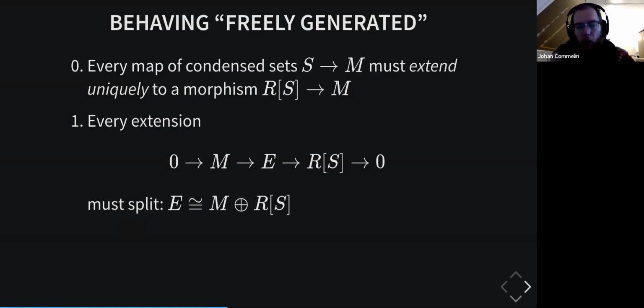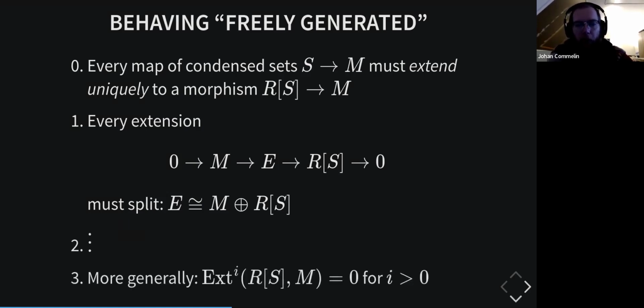then, well, if you map onto a freely generated object, then you want to have a splitting. And so if we claim that the RS behave as if they're freely generated, then they should also have this property. And more generally, there will be a condition for every I saying that this Ext group, classifying extensions in degree I, so for I equals 1, it will be these short exact sequences.